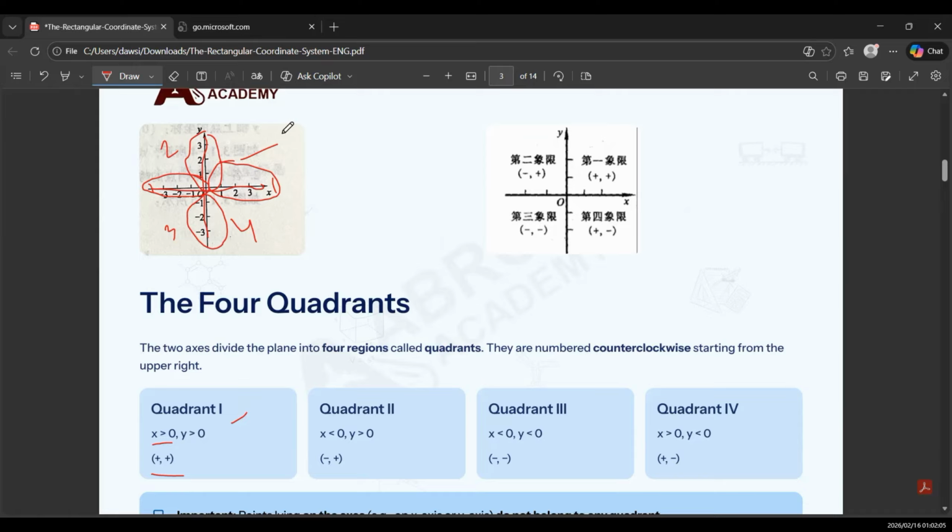So we can write here positive for x and positive for y, and here negative for x and positive for y. Here also negative for x and negative for y, and here negative for y and positive for x.